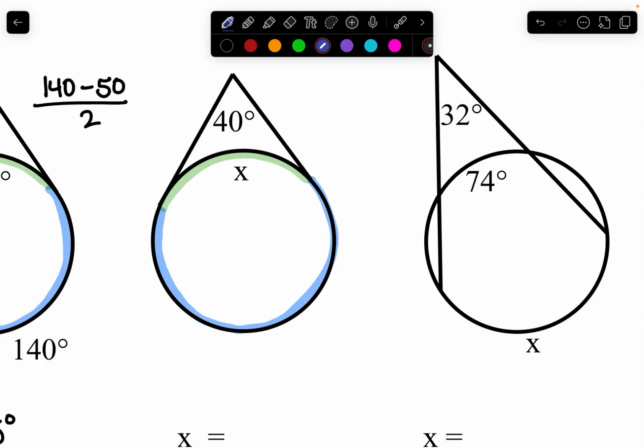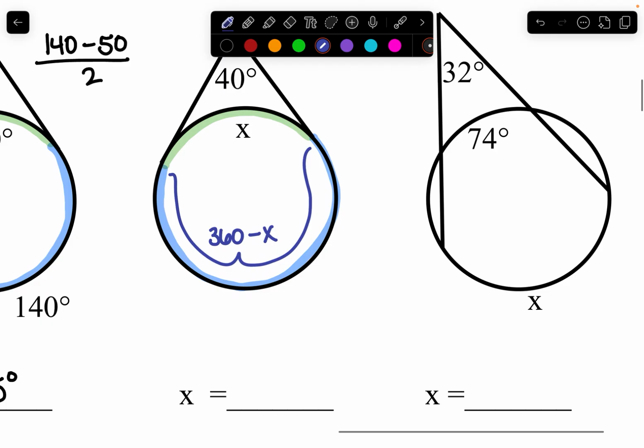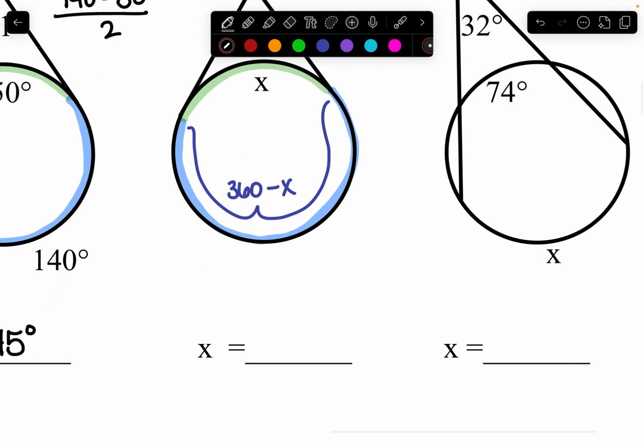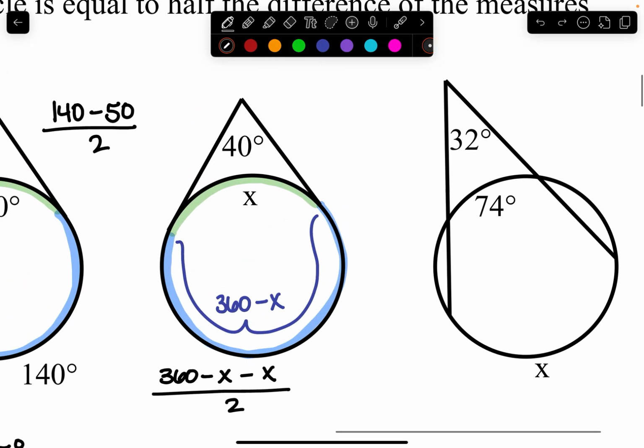So I know that the blue part here is supposed to be a full circle minus whatever arc x is. This is going to be crazy. I told you it will be. So the way that we have to do this is the blue arc minus the green arc divided by 2. And then it has to equal 40.